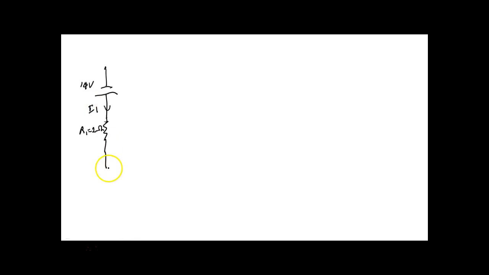Then it runs along over here to a junction, and they name that junction 1. All right, let's go north from there and hit another resistor, and this R2 is 4 ohms. And that we're going to call current 2 coming up this way, and it goes up to junction number 2. And this place we started from connects to 2.